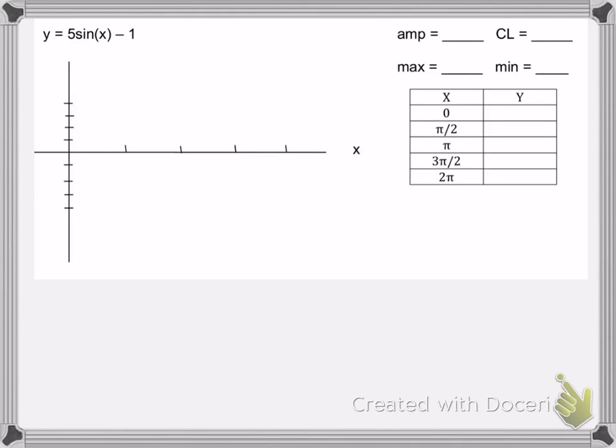The next example, I have an A and a D term as well. So my center line, y equals -1. My amplitude is 5. The max is -1 plus 5, so that's 4. The min is -1 minus 5, so that's -6. Again, we haven't changed anything about the x-axis yet.